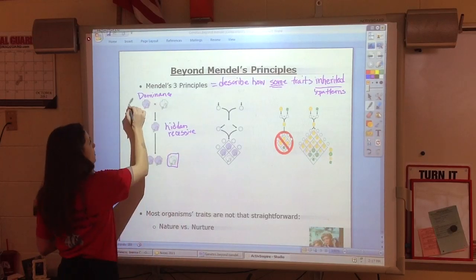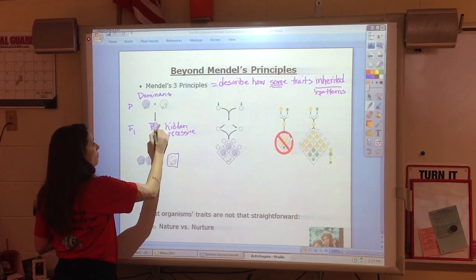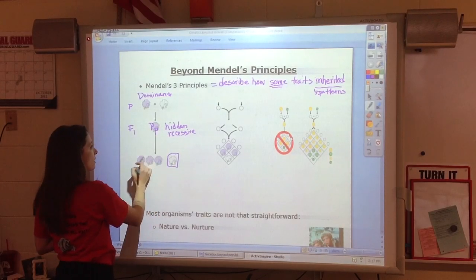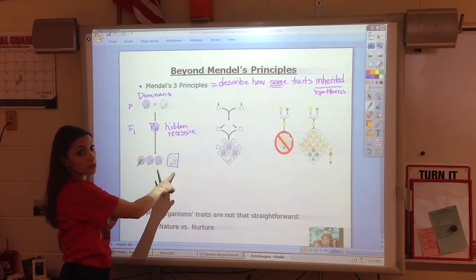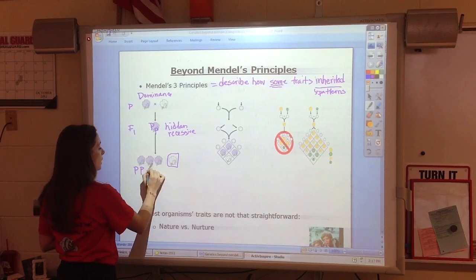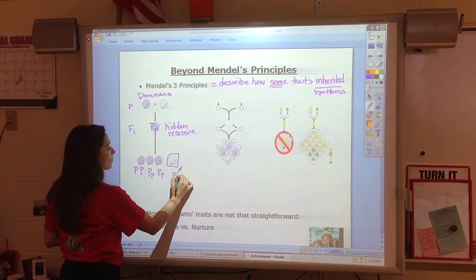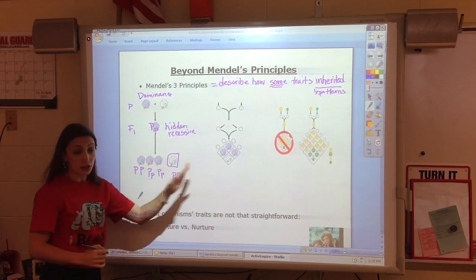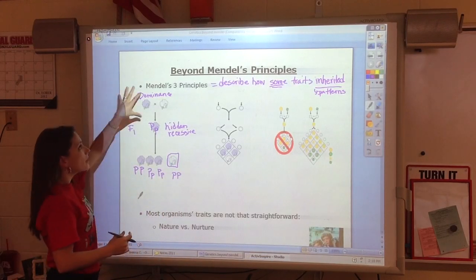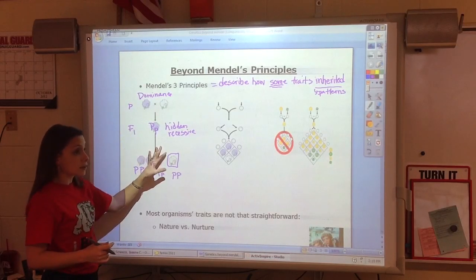And so this would have been our P generation, this would have been our F1, which are all heterozygotes. And then here we see our 3-to-1 phenotype ratio, but we know that this is actually a 1-to-2-to-1 genotype ratio. So Mendel's three principles work when one version is stronger than the other.